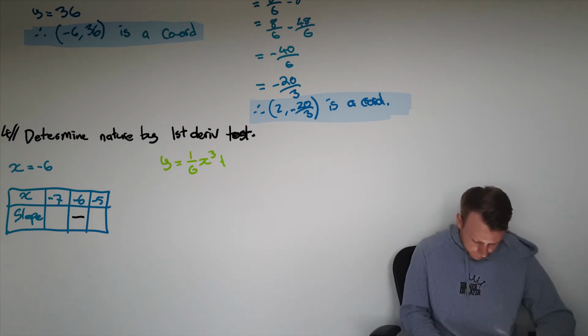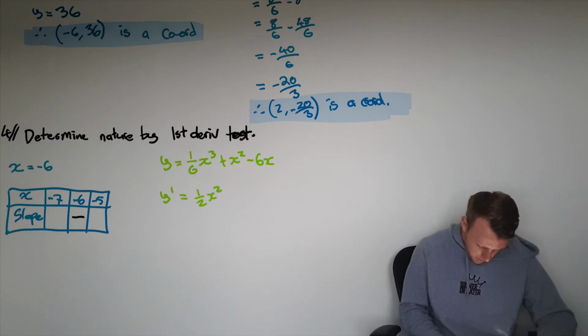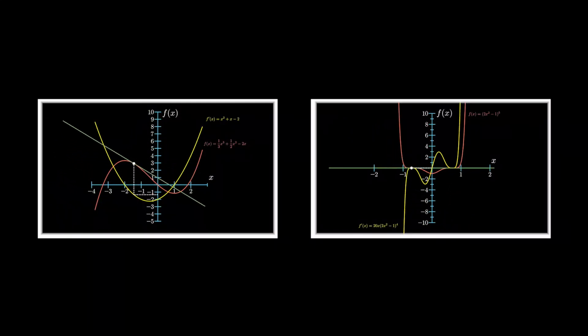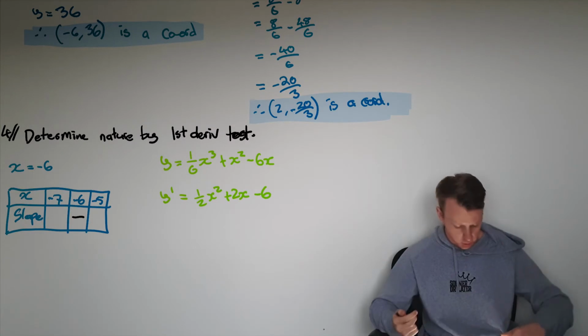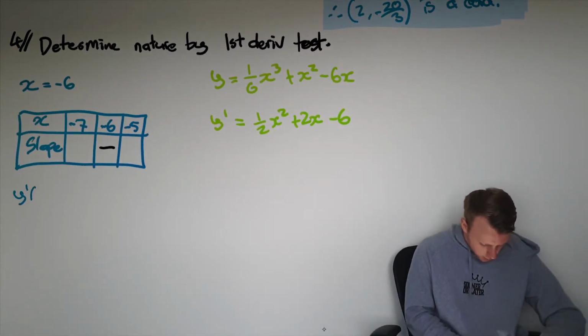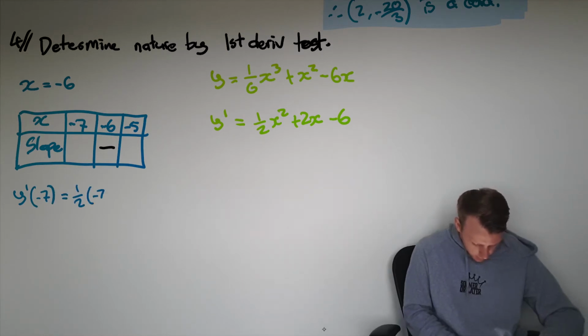In order to figure out what the gradient is doing, I need to evaluate the corresponding values on the gradient function. That's going to tell me the slope of the original function. So the derivative function at -7 is a half times (-7) squared plus 2 times (-7) minus 6.